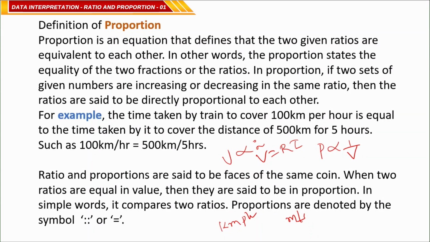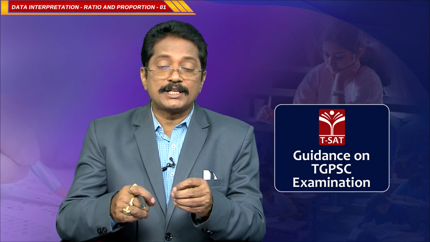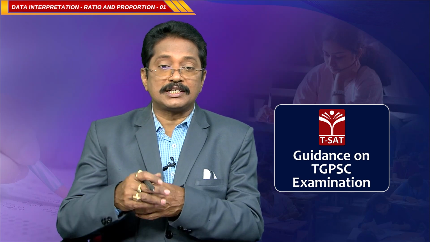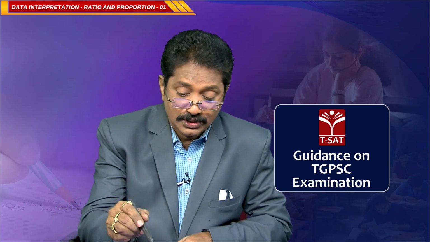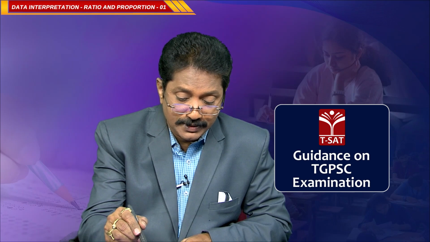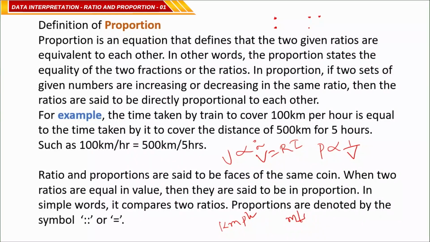The ratio and proportion are said to be faces of the same coin. You can't divide these two. When two ratios are equal in value, then they are said to be in proportion. So, in simple words, it compares two ratios. Proportions are denoted by the symbol ::. So, here the ratio will be shown with this symbol and proportion will be shown with this one.